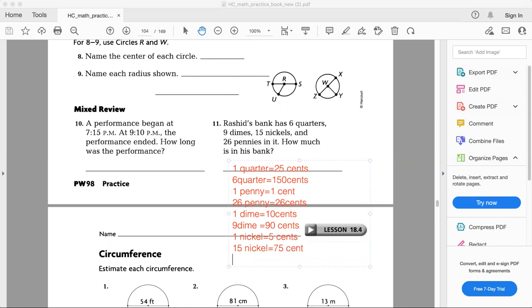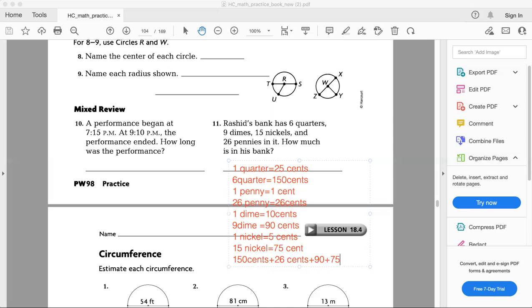So now what you have to do, you simply have to add these cents. Ma'am, 150 plus 26, 176. Then 176 plus 90 is 266.